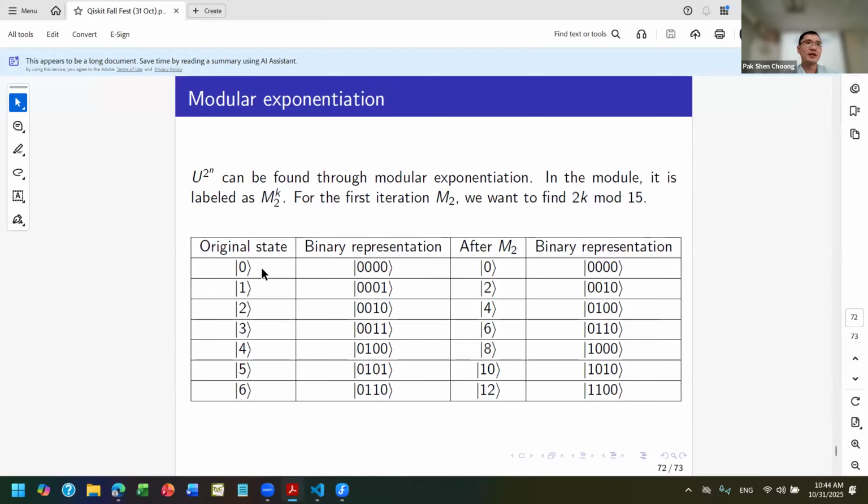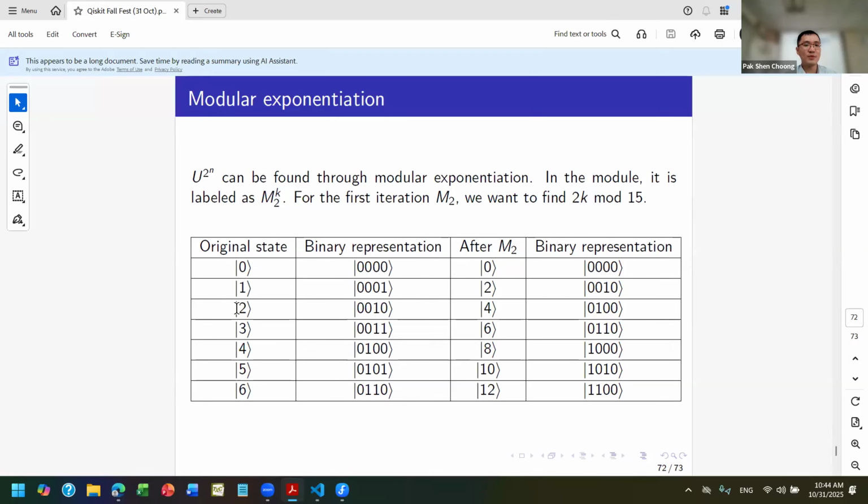So when the original state is 0, 2 multiplied with 0 is 0. So after the M2, you get 0. And you need to convert into binary representation as well. When your original state is 1 multiplied by 2, you get 2. So the binary representation becomes 0, 0, 1, 0. This is before, this is after.